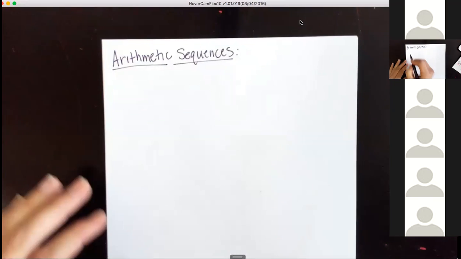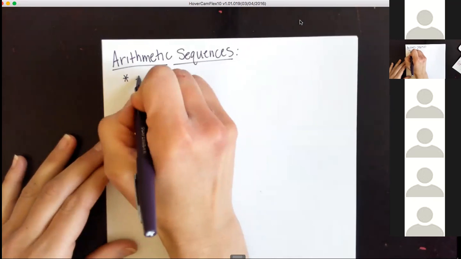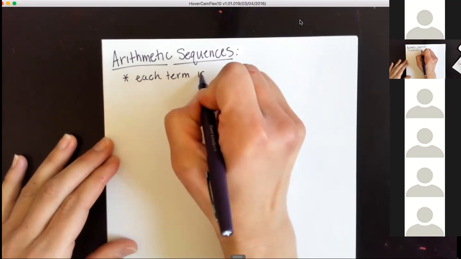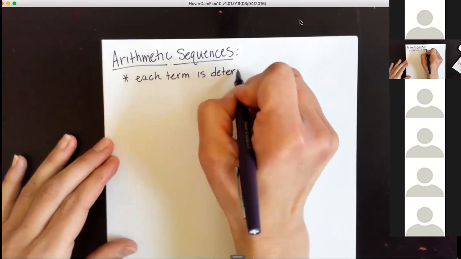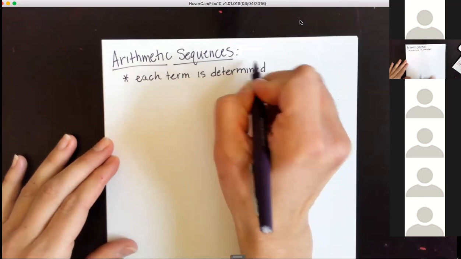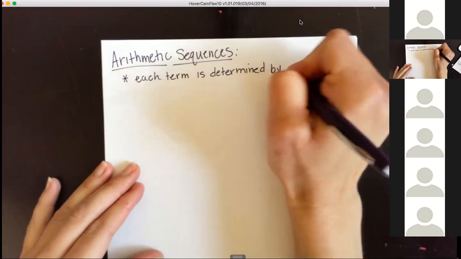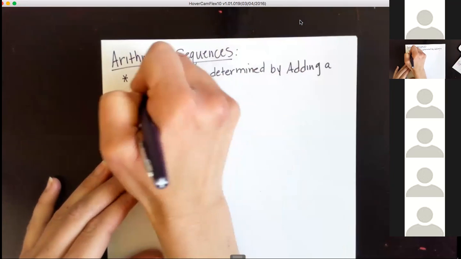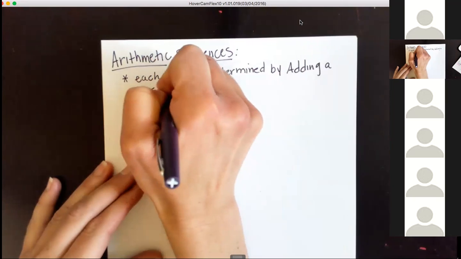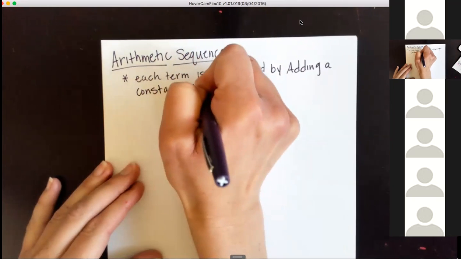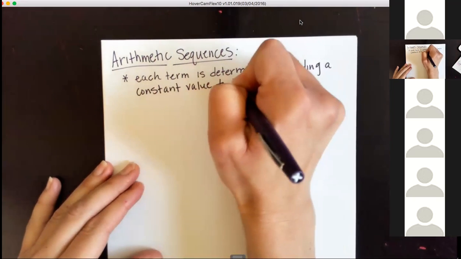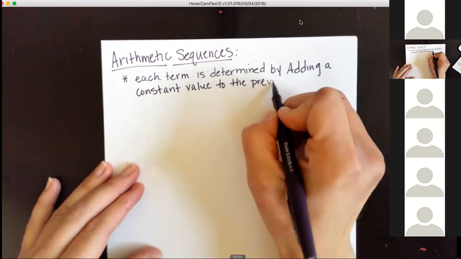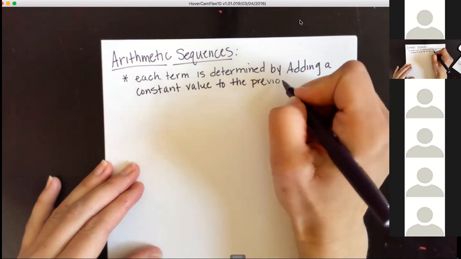And with arithmetic, each term is going to be determined by adding. We're going to add a constant value to the previous term.